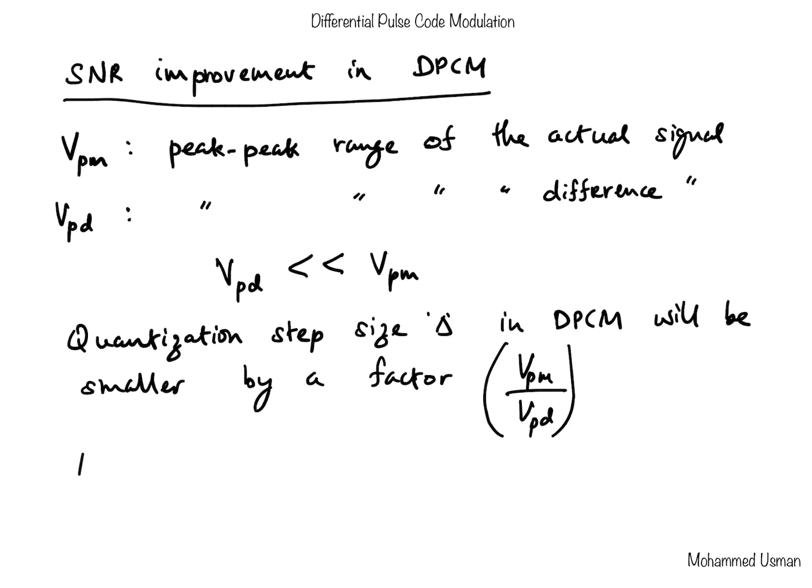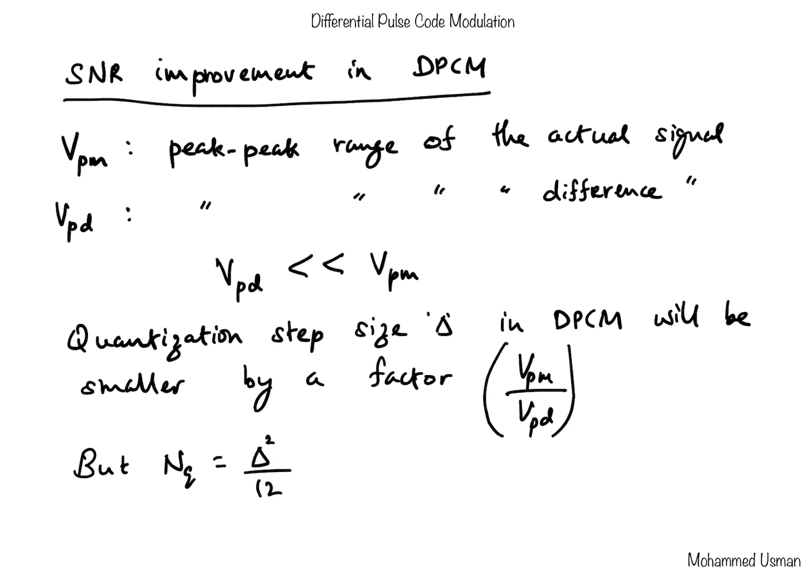Now that's the factor by which the step size delta is going to be smaller, but the quantization noise power, which we denote as NQ, is delta square by 12. We did this proof earlier. The average quantization noise power is delta square by 12. So in DPCM, if delta is smaller by this factor VPM by VPD, then the quantization noise power will be smaller by the square of this factor, because the quantization noise power is proportional to the square of delta.